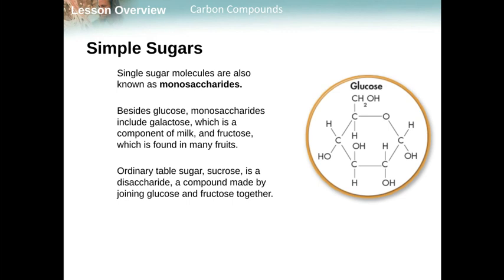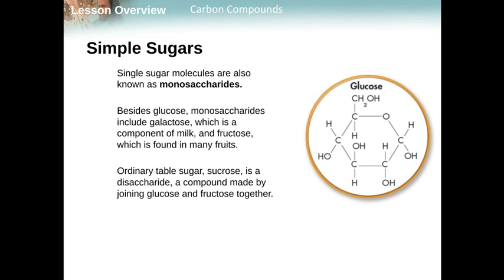We call them monosaccharides. Saccharide means sugar, mono means one. So literally one sugar. Besides glucose, monosaccharides include galactose, which is in milk, and fructose, which is found in many fruits like your oranges, strawberries, things like that. Ordinary table sugar, like you buy in the 5, 10, or 25-pound bag if you have a big family, is a disaccharide.